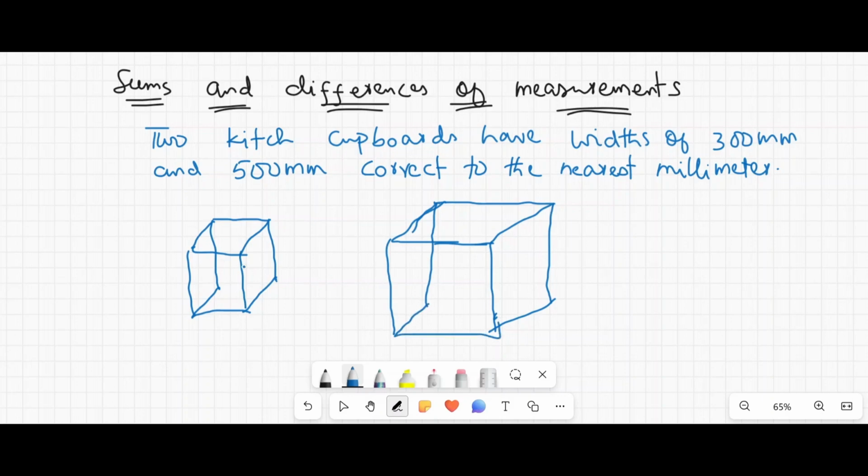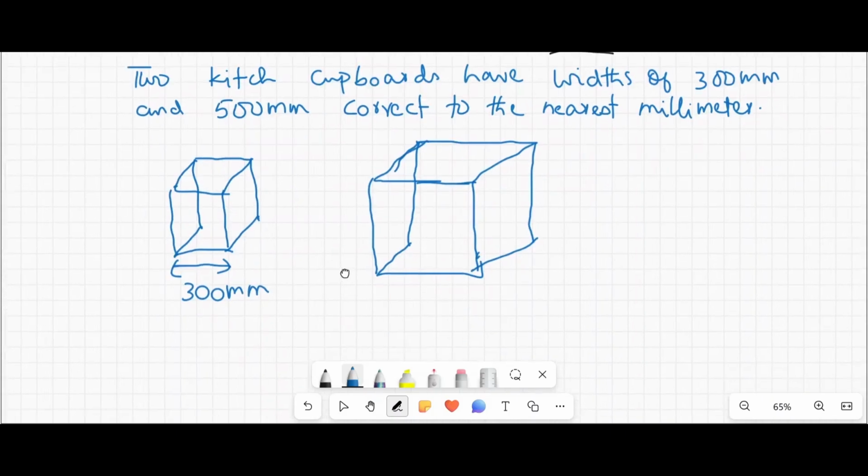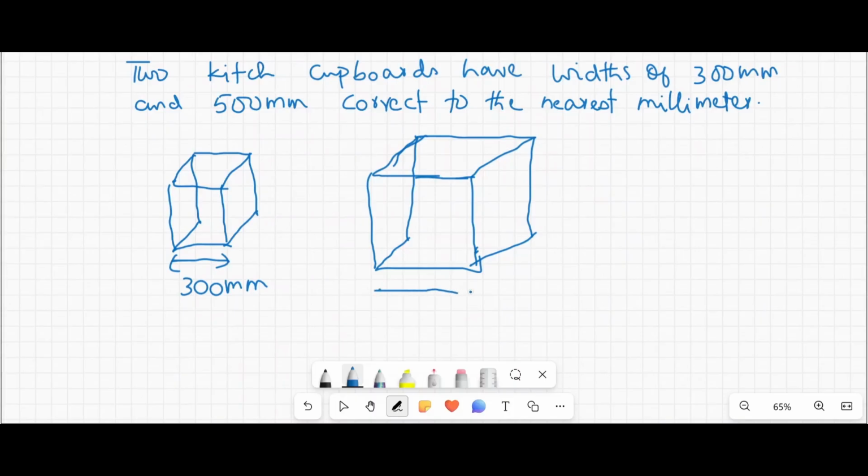The width of this one is 300 millimeter, and the width of this one is 500 millimeter.